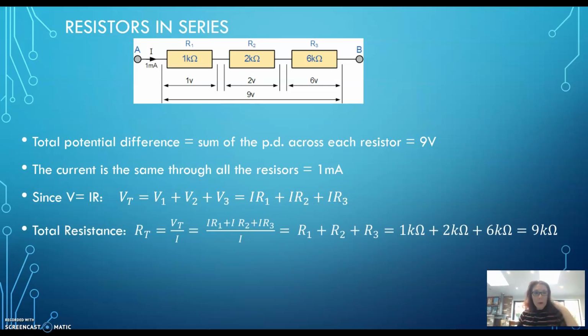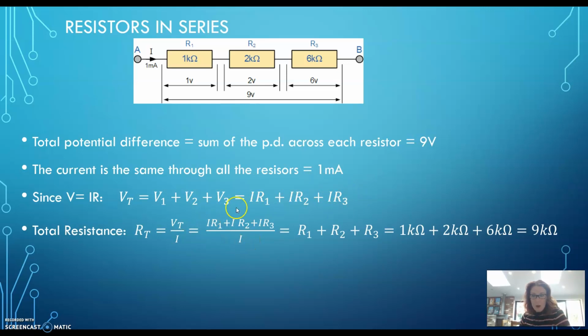Now the total resistance in the circuit, if we rearrange this into Ohm's law, the total resistance of the circuit will be the total potential difference divided by the current. So for this VT, I'm going to substitute in this equation here that I've created there, and then divide by the current.